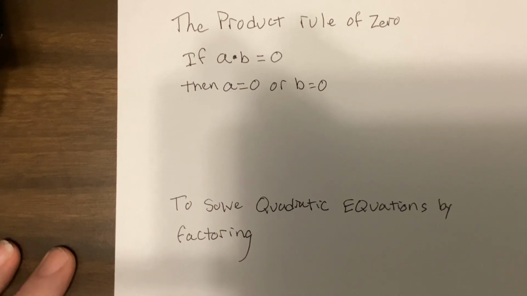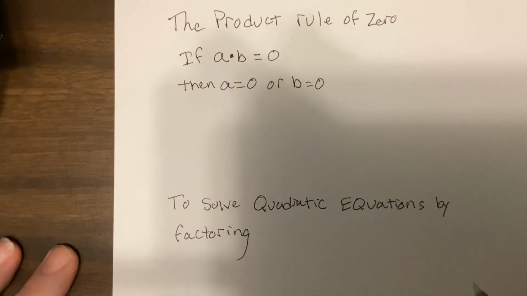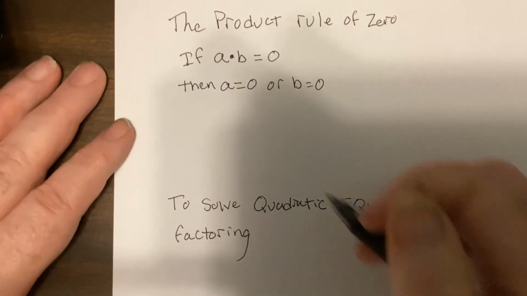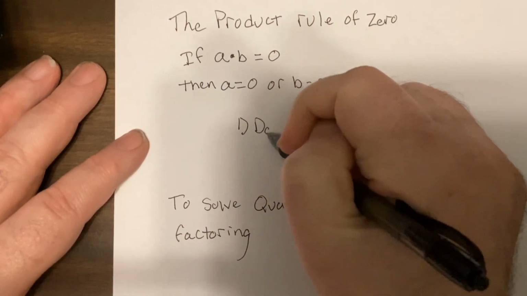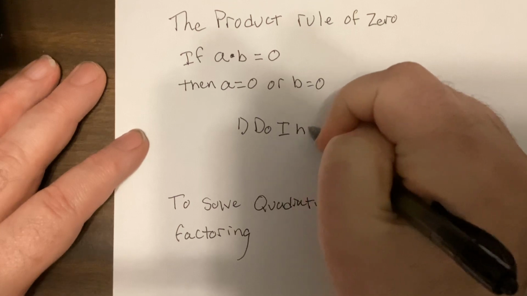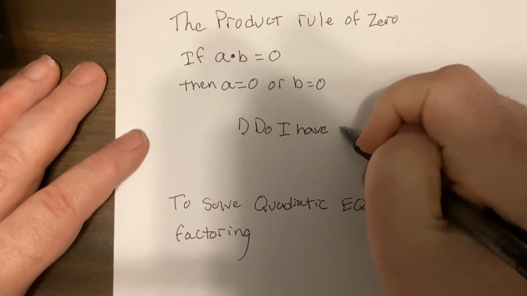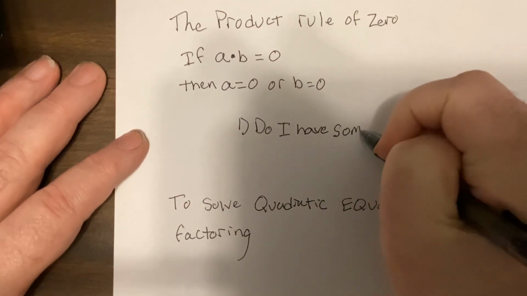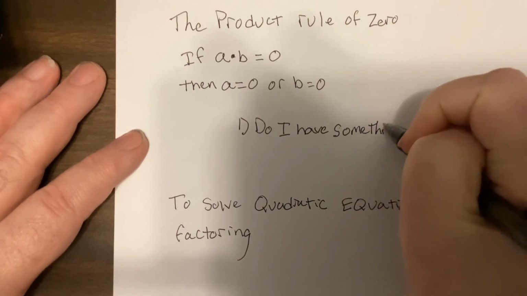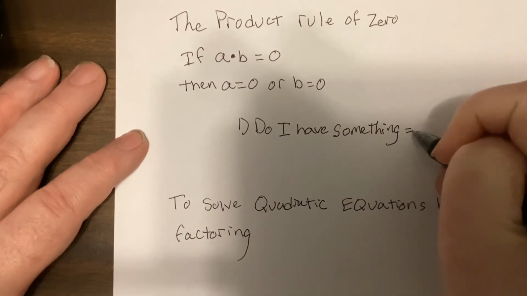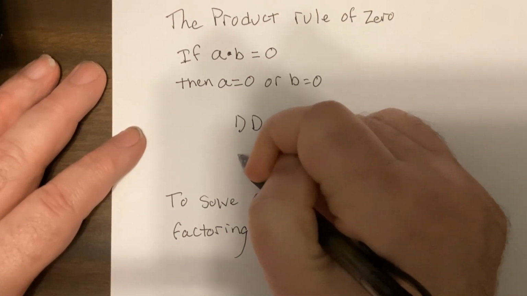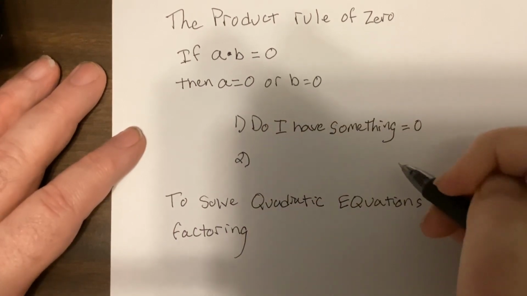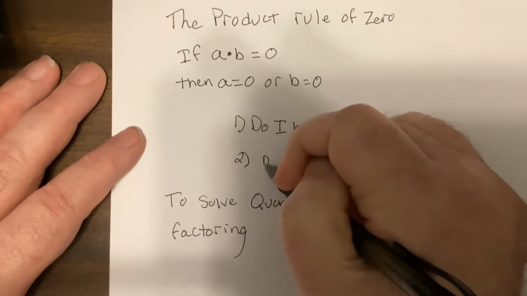So to use this rule in quadratic equations, we actually have two questions. One, do I have something equal to zero? And if I do, then the second question is, do I have a product?